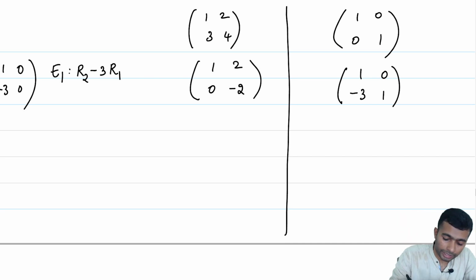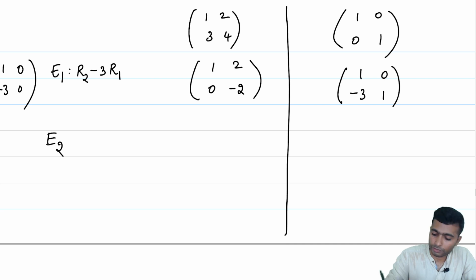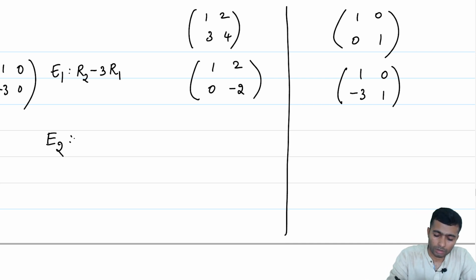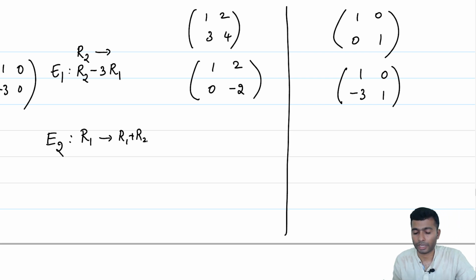And how about the second one, E2? E2 is, we will try to make the entry above minus 2 to be 0, you just add. So, this is on R2. So, R2 is unchanged. Now, the first row is changed to R1 plus R2, just adding again.